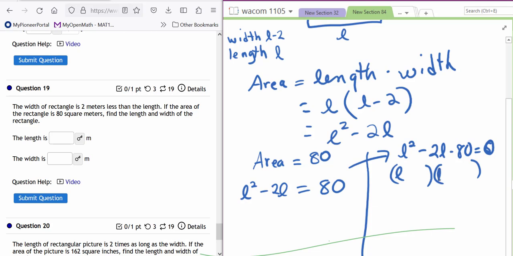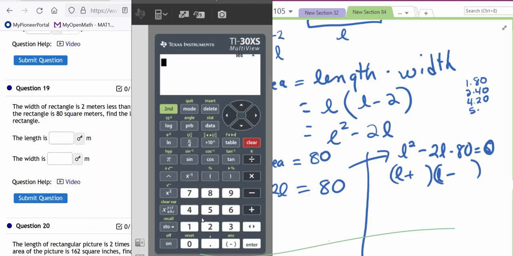So we have L and L, different signs. For 80, we're going to subtract to get a 2, so these shouldn't be so far apart. 1 times 80, 2 times 40, 3 doesn't work. 4 will go in there, 4 times 20. 5 should go in there, so we just pull a calculator. 80 divided by 5 is 16 and 5.